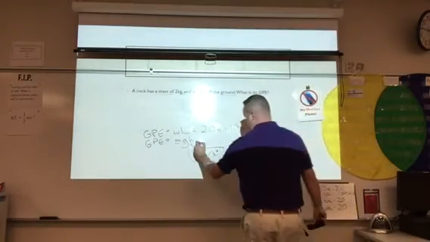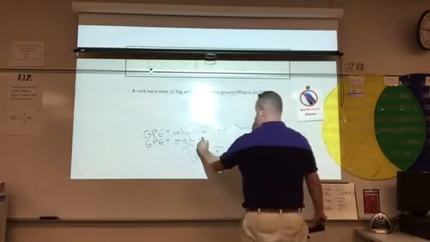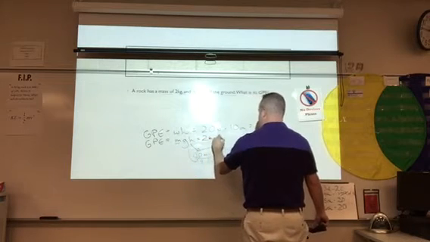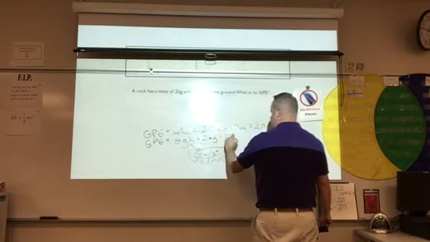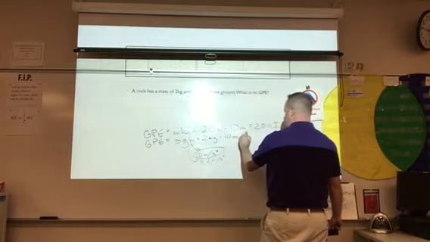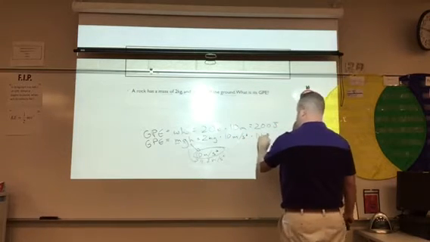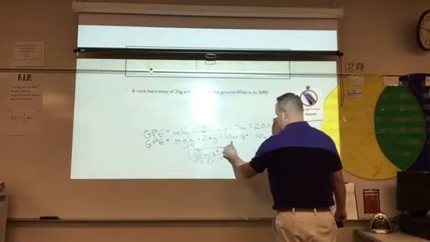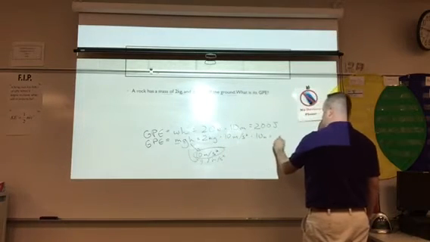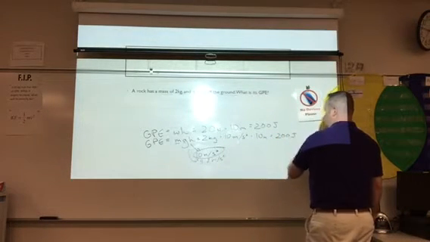So in this example, I would say 2 kilograms times the approximated gravity of 10 meters per second squared times 10 meters. And again, 2 times 10 is 20, times 10 is still going to give me 200 joules.